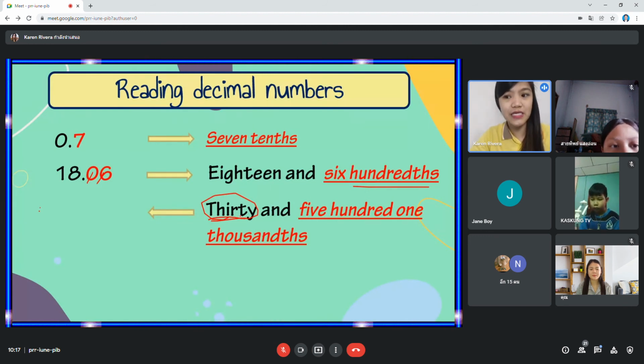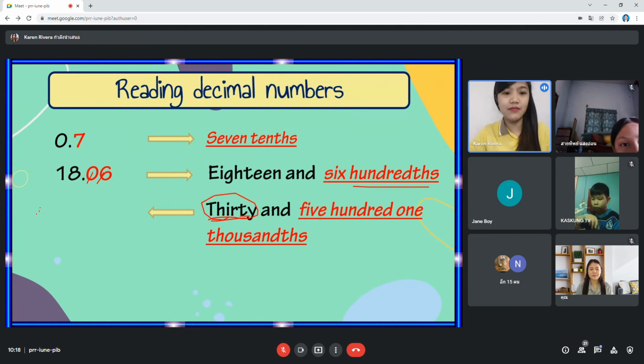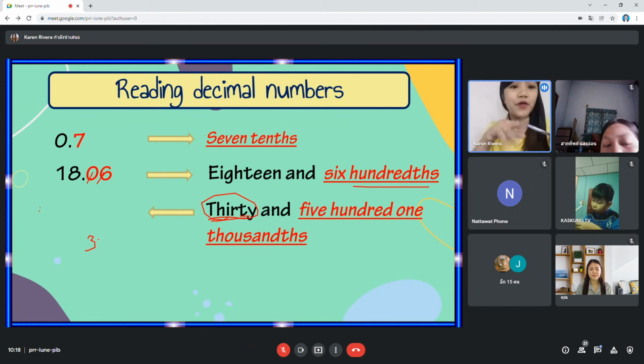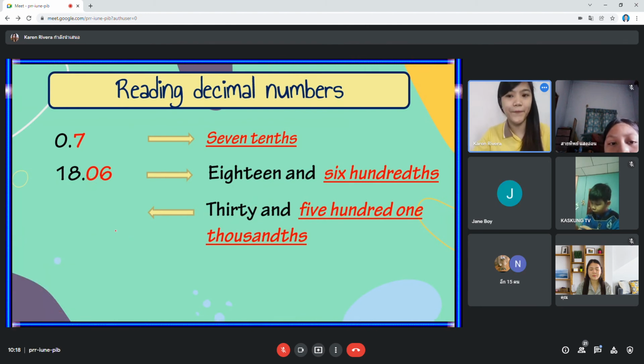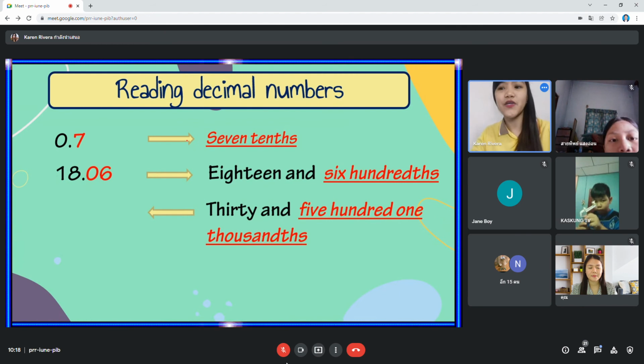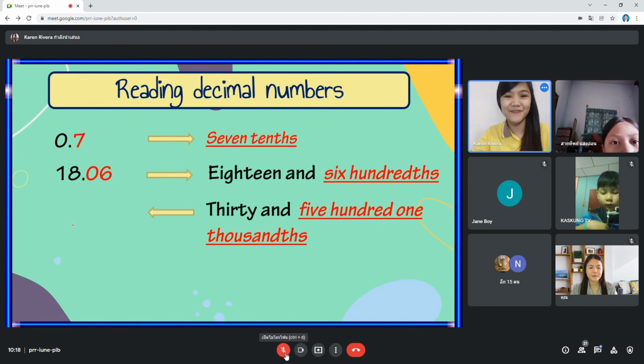Tirapat, what number is it? 30 and 500 thousandths. Can you type your answer? What is this in number? Group 6, what is this in number? Just type your answer. What is it? 30 and 500 thousandths. Can you type your answer? What is this?